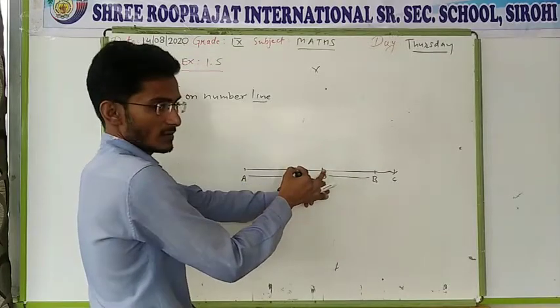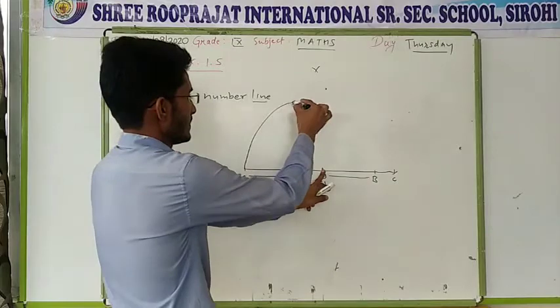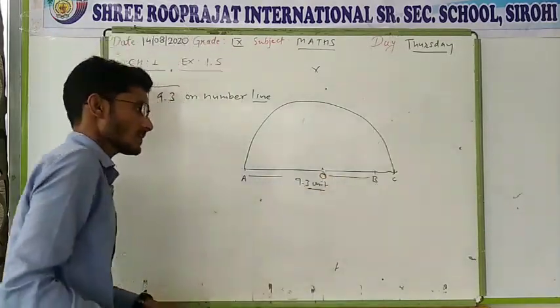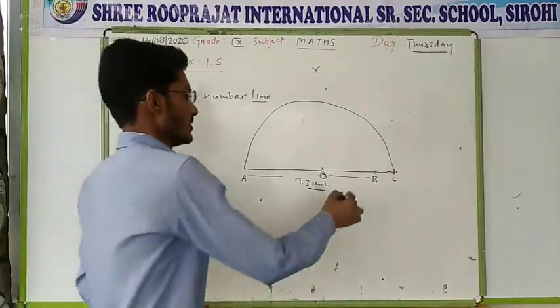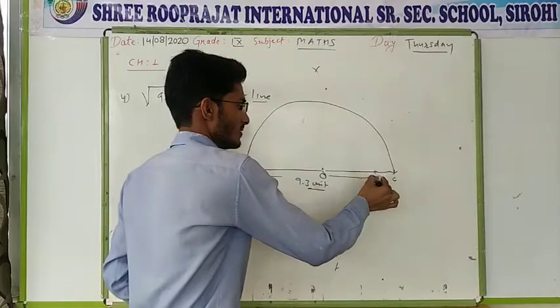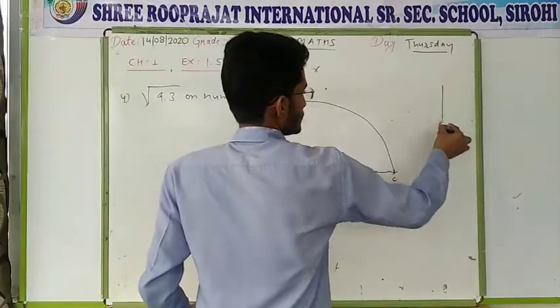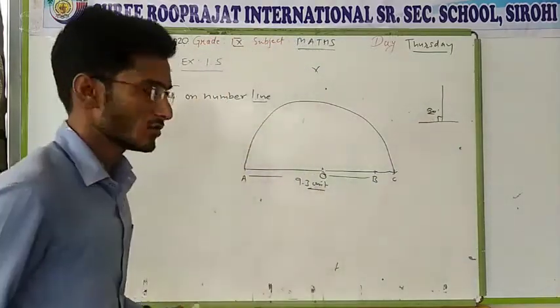So put your protractor point here, and then draw the semicircle. So that is your semicircle. Now you have to draw a perpendicular on the point B. Perpendicular means the angle should be 90 degrees. So how to draw 90 degrees?